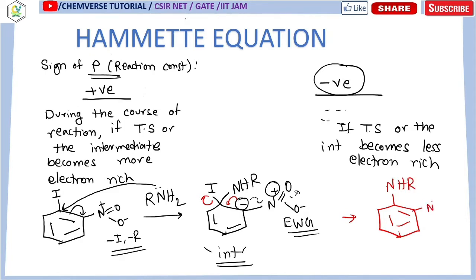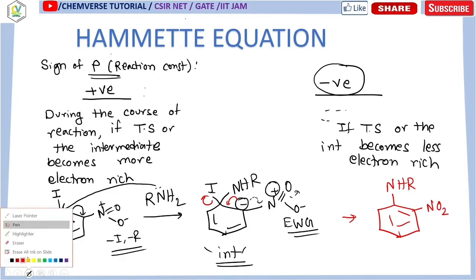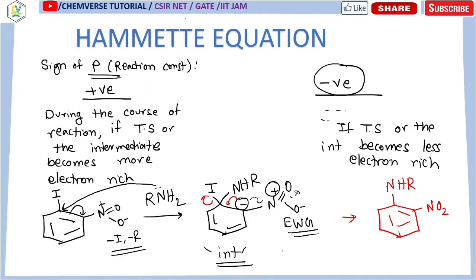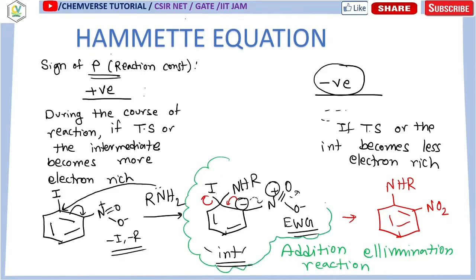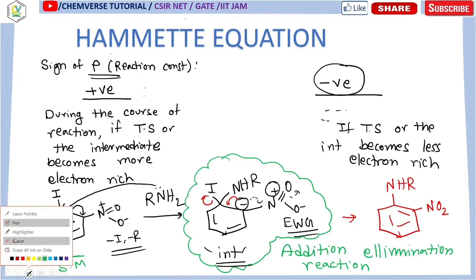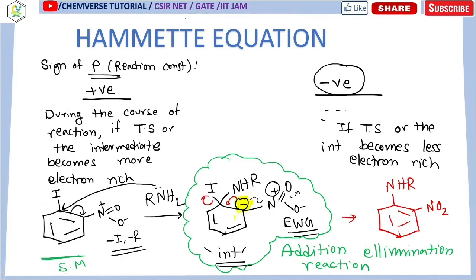and this kind of reaction has a special name. This reaction mechanism is called the addition elimination reaction. Now during the course of this reaction, you can see this is the intermediate. If you compare it with the starting material, you can see a negative charge is generated.